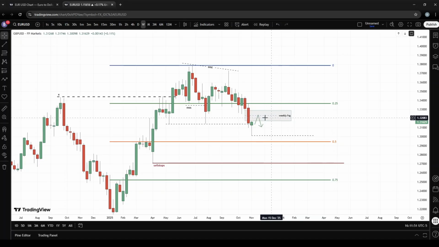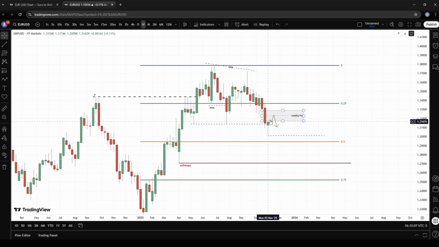Will it react trying to go down, or will it react trying to close above this fair value gap, forming an inversion fair value gap targeting these highs? So just wait and see the reaction of this fair value gap with the weekly candle.